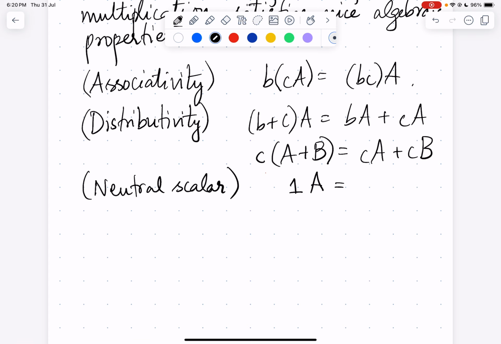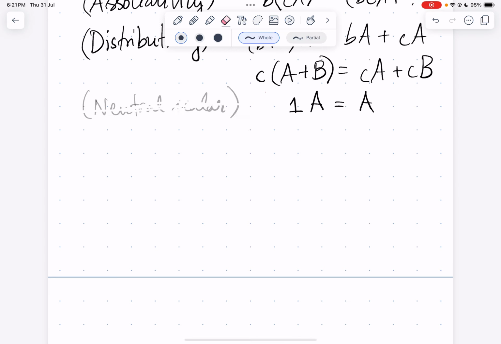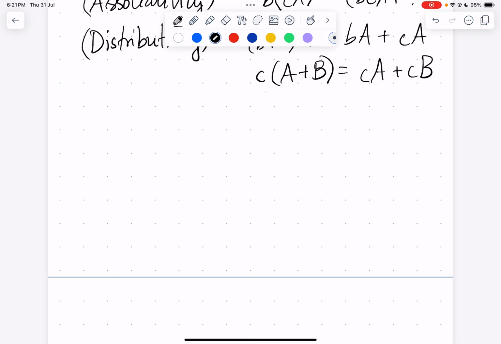If you scalar multiply any point by 1, you will not change the point. And there are two basic scalars, 1 and 0. So 1 basically doesn't change the point and 0 basically kills the point. 0 times any point will be O, the origin, the all zeros point.